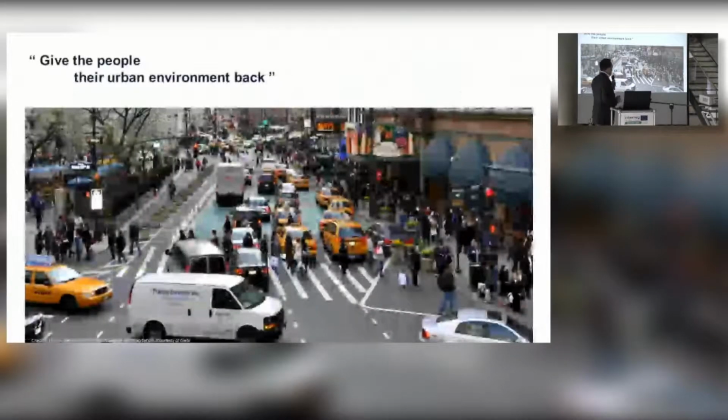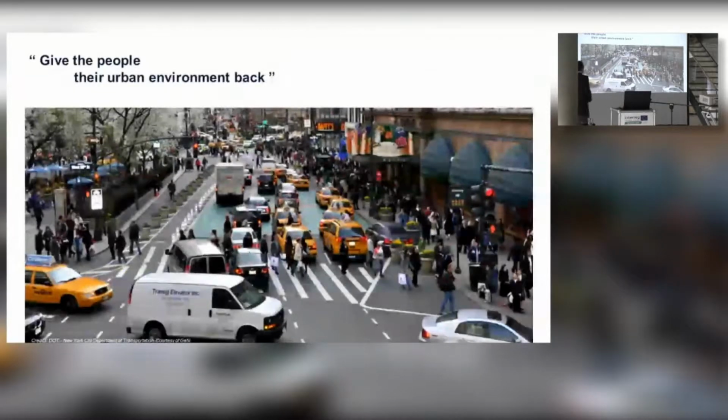An example by Ian Gale and the city of New York. The idea was to give the people their urban environment back, day and night, of course. This is Broadway in New York. This is Macy's, and as you can see, this place is definitely not for people. It's for cars. People are just packed here on the right sidewalk.